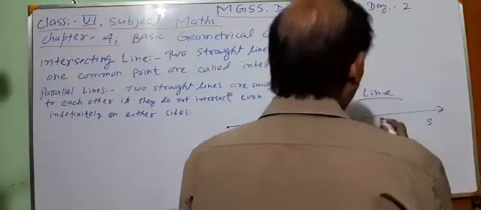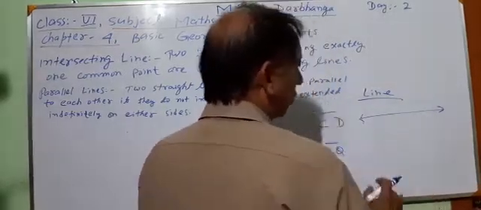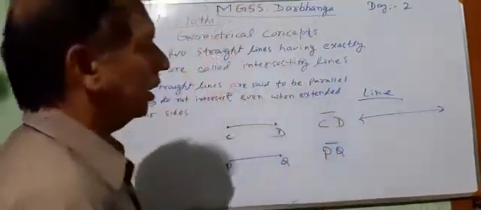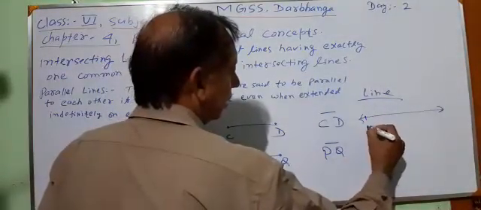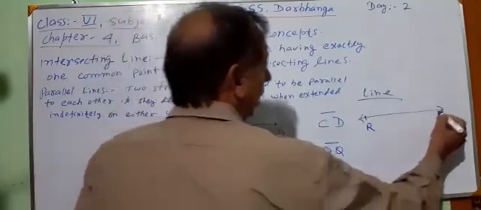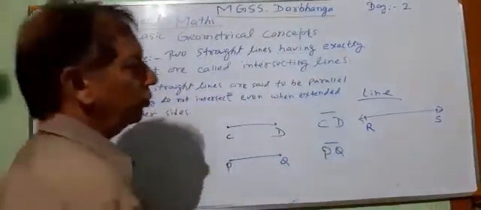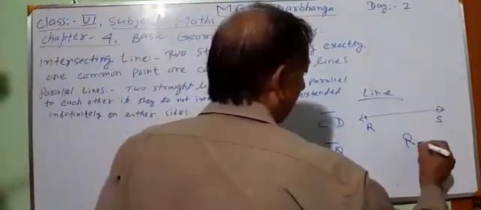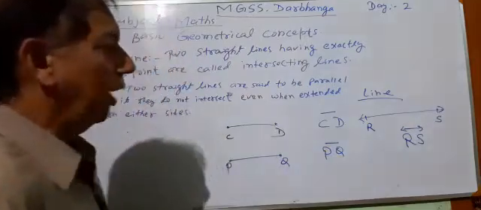A line has no end point. But we have to represent a line. How shall we represent it? We shall write one capital letter near one end and one capital letter near the other, R and S. We shall represent it by writing RS with this symbol above it.